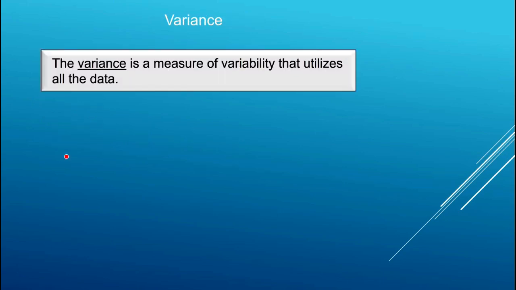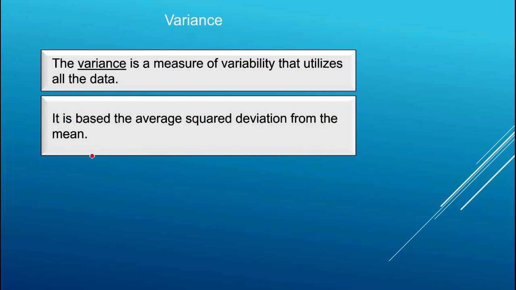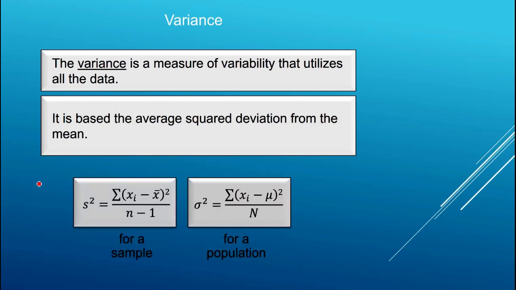Variance. The variance is the most standard measure of variability, and it utilizes all of the data in the data set. What it really measures is the average squared deviation from the mean. Here are formulas for the variance. There are two formulas because, once again, just as when we talked about measures of central location, we are going to concern ourselves with a sample of data and the associated population parameter.